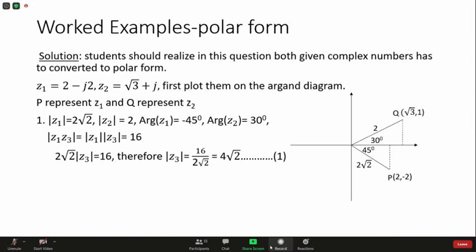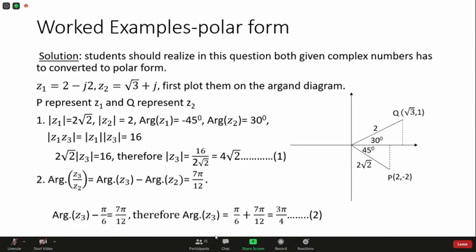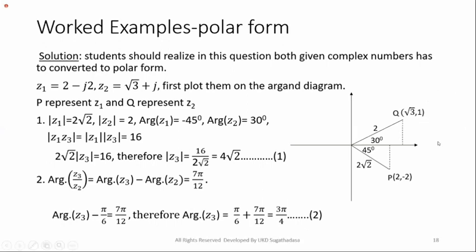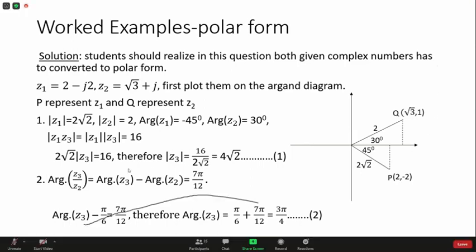Similarly, you can calculate the argument also. Now write the formula for the argument. Argument of Z3 by Z2 equals argument of Z3 minus argument of Z2. That is given as 7 pi by 12. Remember, that is given in the question.